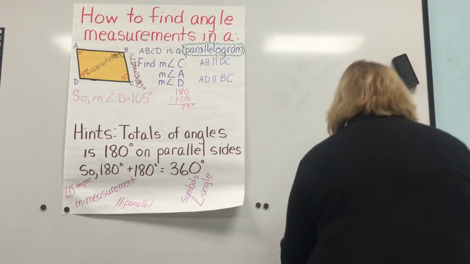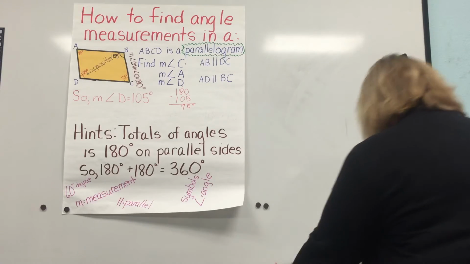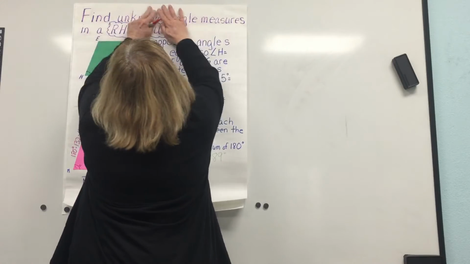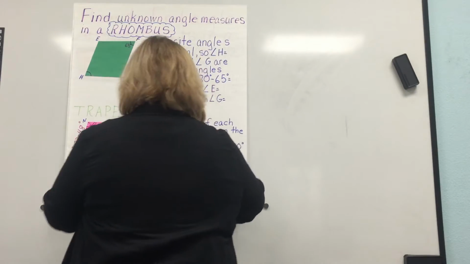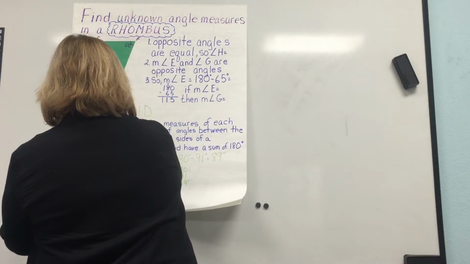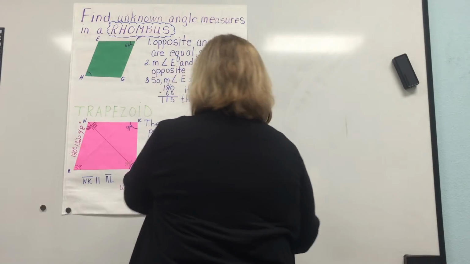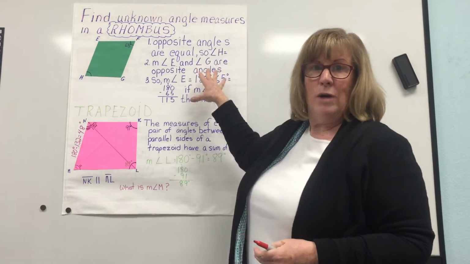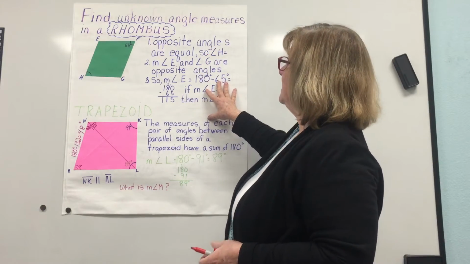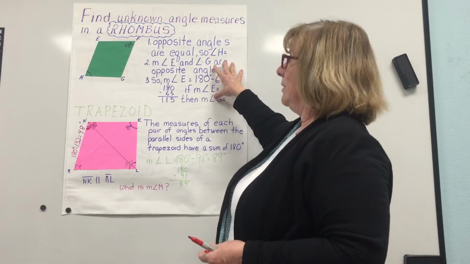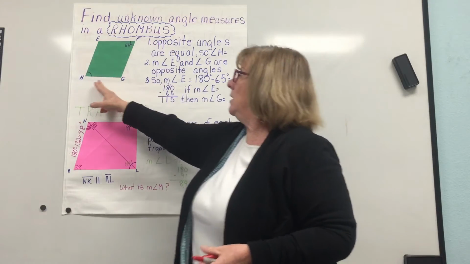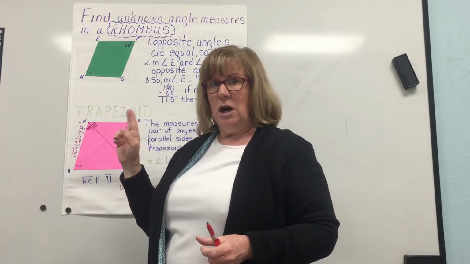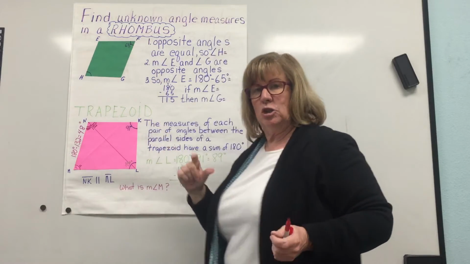Now let me put up the one with a rhombus and a trapezoid. Okay, so here we've got an example of a rhombus. Look at what a rhombus is. Remember, all sides are the same measurement, but they're not all 90-degree angles like a square.